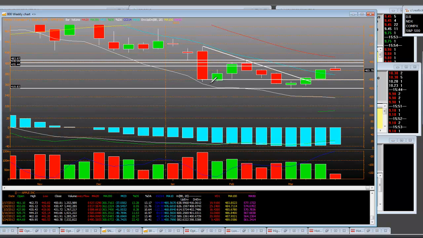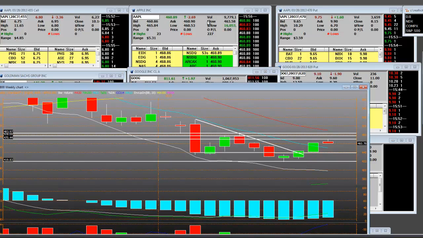This is the wall of resistance moving forward in the weekly trend in Apple. Trading long and short intraday, today Apple has a very narrow range. The high was 465.84 and the low was 460.53, 277 lows going into the closing bell in 4 minutes.